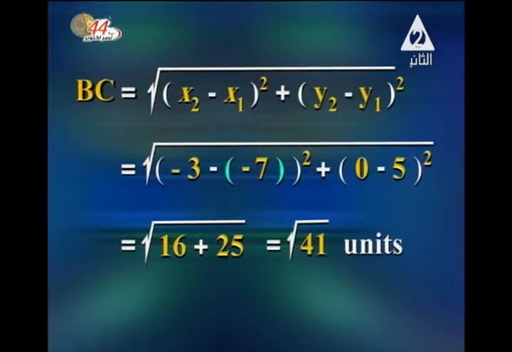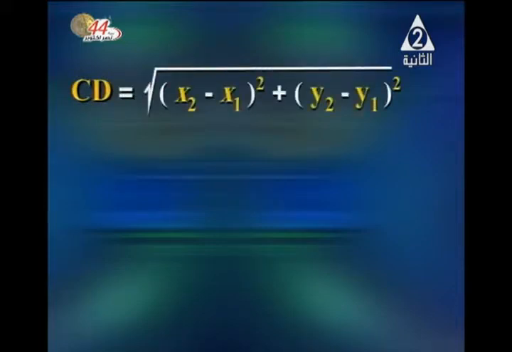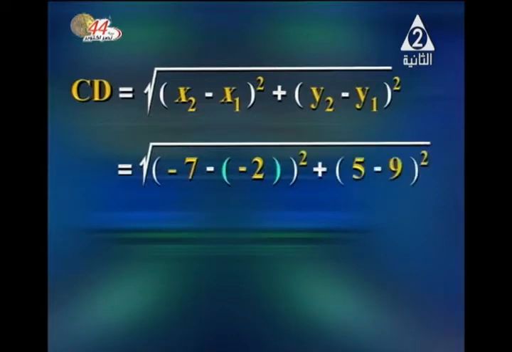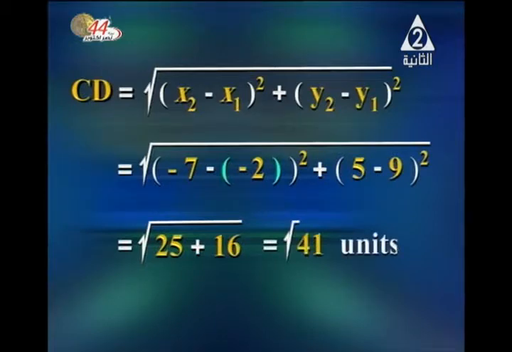Then what about the length of CD? It is square root of (x2 minus x1) all to the power of 2 plus (y2 minus y1) all to the power of 2. By substituting, it is (negative 7 minus negative 2) all to the power of 2 plus (5 minus 9) all to the power of 2, which is equal to square root 25 plus 16 equals square root 41 units. And this is the length of CD.